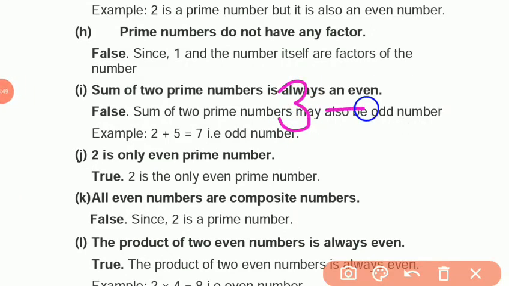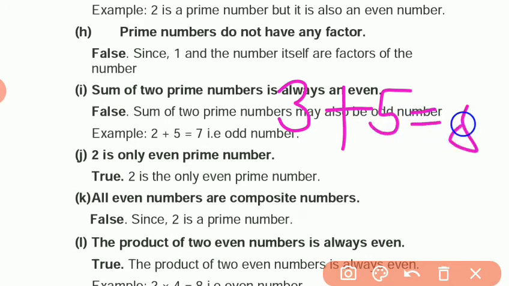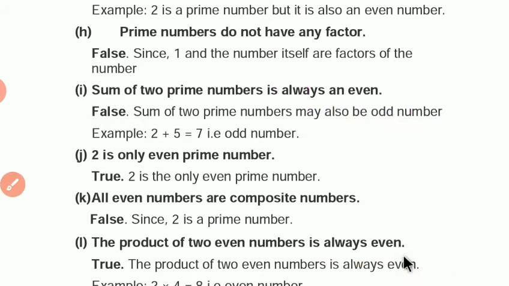For example, take 2 odd prime numbers, 3 and 5. 3 plus 5 is 8, which is an even number. So we can say that it is not always even, sometimes it may be even and sometimes it may be odd. So the answer will be false.